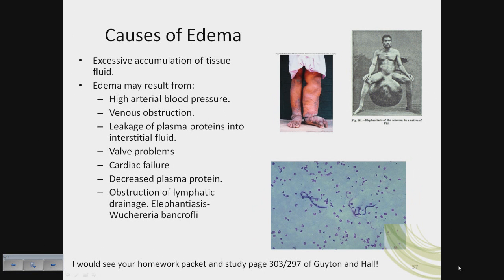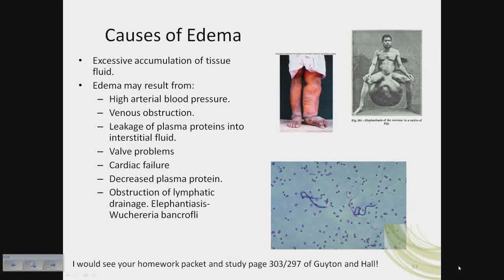But in the case of burns, the plasma colloid osmotic pressure is fine. That's still 28. But the plasma proteins are leaving the capillary bed, and they're going into the interstitial space. So I want you to think of it now as the interstitial colloid osmotic pressure going up aberrantly.